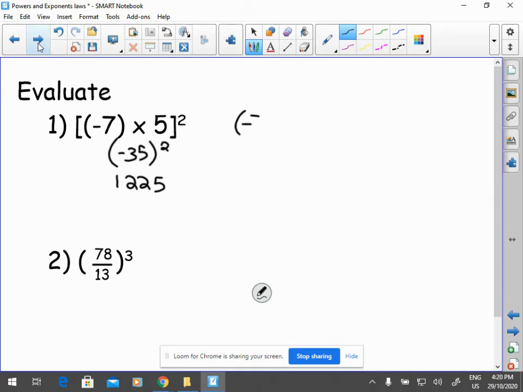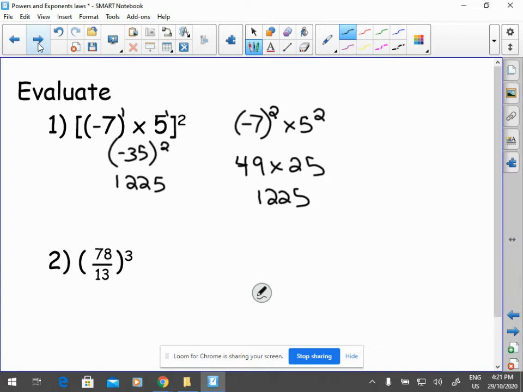This is going to become negative 7 to the power of 2 times 5 to the power of 2, which is going to be positive 49 times 25, which is going to give me the same answer of 1,225. So both methods would be correct and get you the mark.